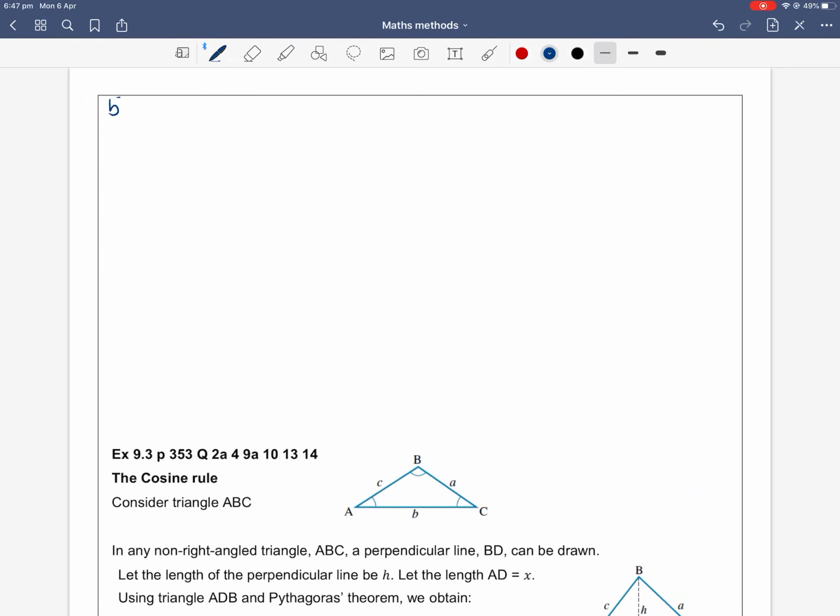So over the page, I'm going to do an extra part B. Hence, once you have found the two possible answers for A, calculate the possible angles of B and side lengths of side B.